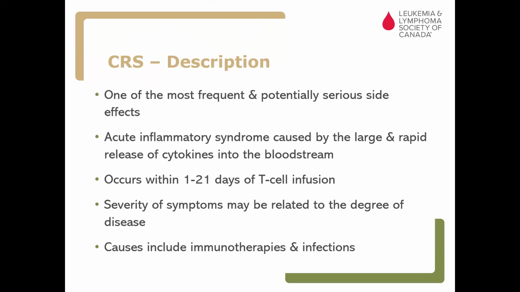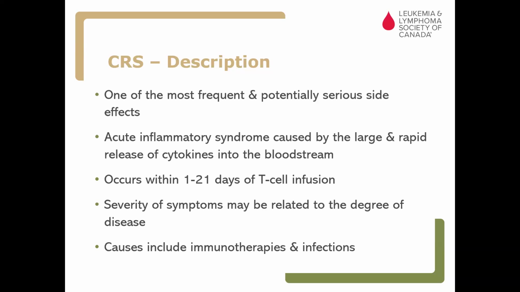It occurs typically within 1 to 21 days of the T cell infusion. The severity and grade of these symptoms may be related to the degree of disease going into CAR T or other T cell engaging therapies. Causes include immunotherapies, as we know, as well as infections.